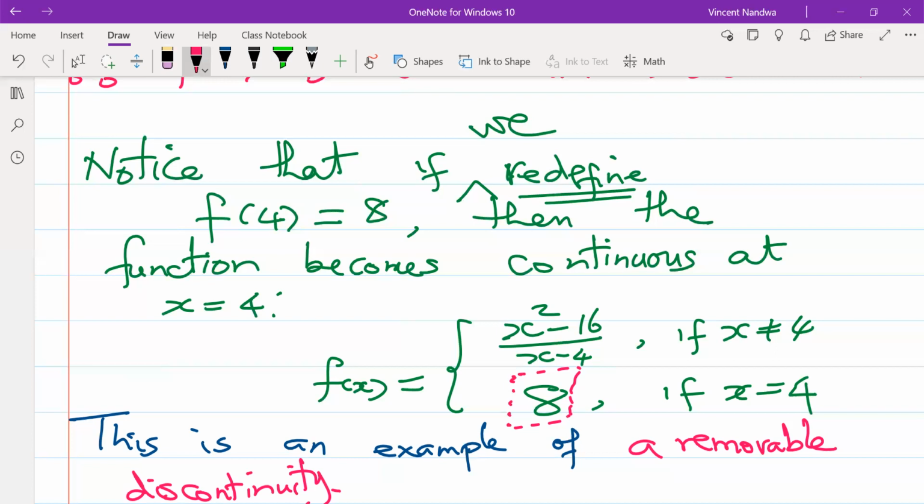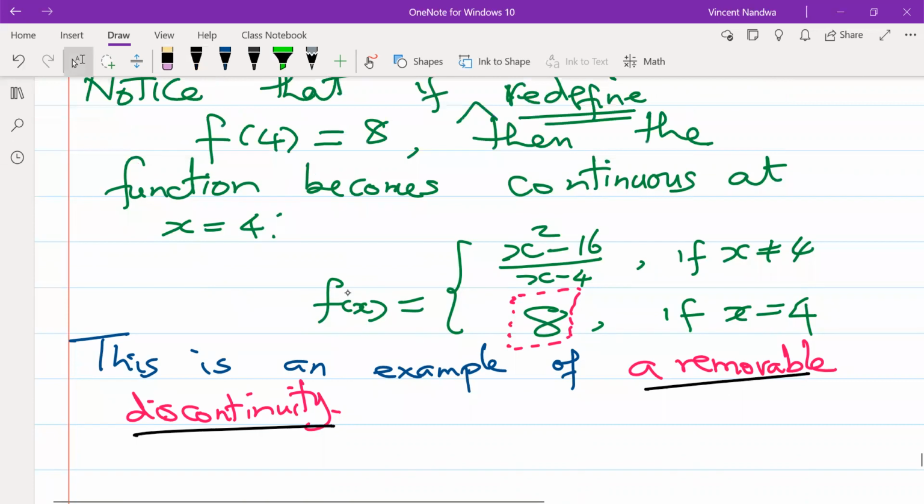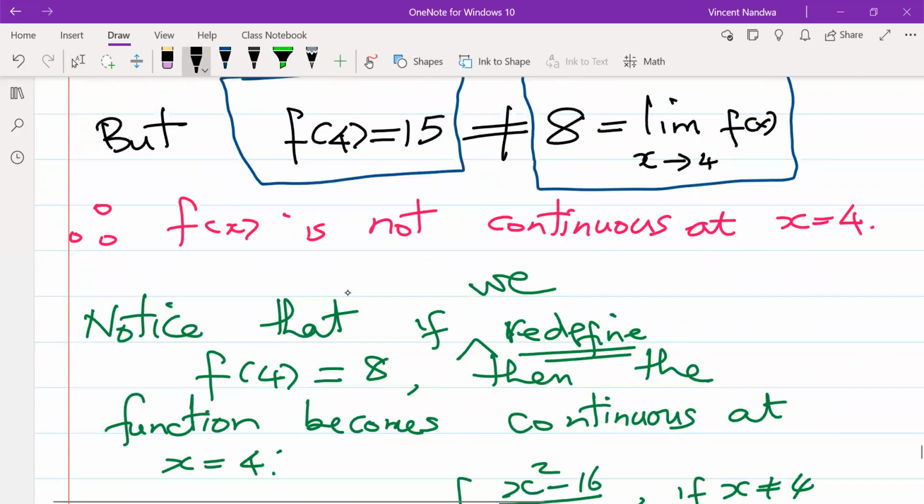But sometimes that is not necessarily true. That's why we are concluding that the function is discontinuous, or is not continuous, at x equals 4.